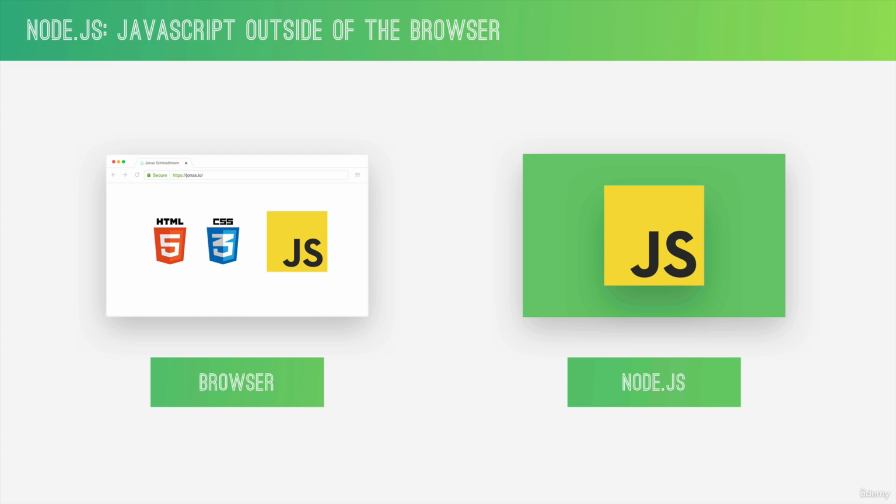Now, who actually does execute the code if not the browser? And that's where the V8 engine developed by Google comes into play, because that is exactly where JavaScript code will be parsed and run in Node.js. Okay? So I hope that now the definition of Node.js being a JavaScript runtime built on the V8 JavaScript engine makes a lot more sense.